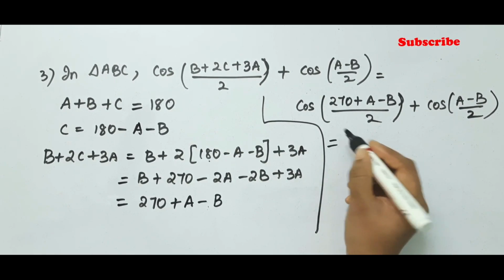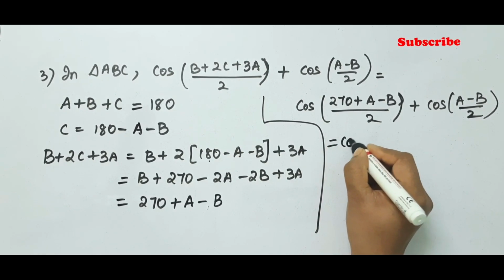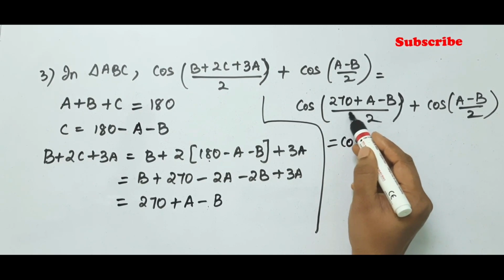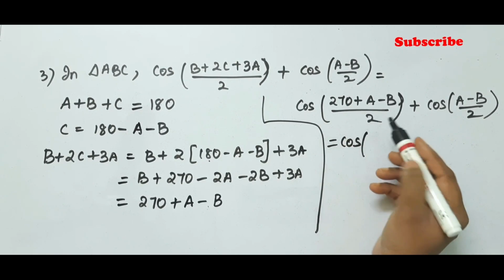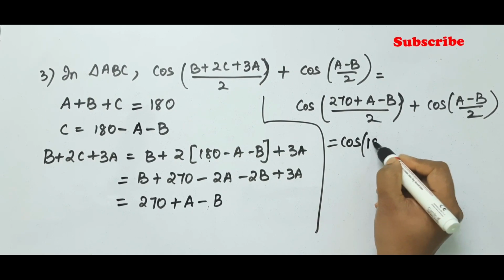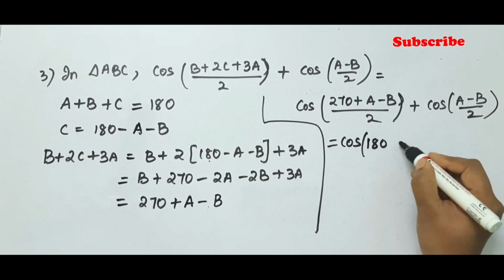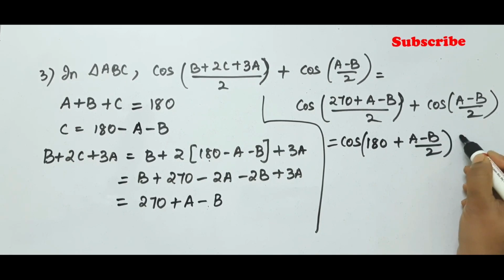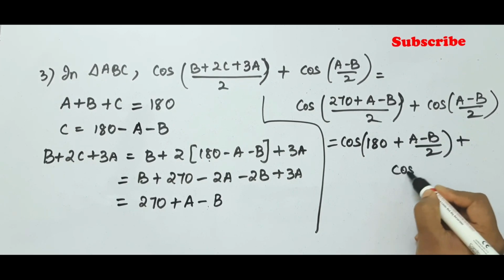So this is equal to cos of, just split it into two parts, that is, 270 by 2 can be written as 180. This becomes 180, is it not? So 180 plus (A minus B) by 2, plus cos of (A minus B) by 2.